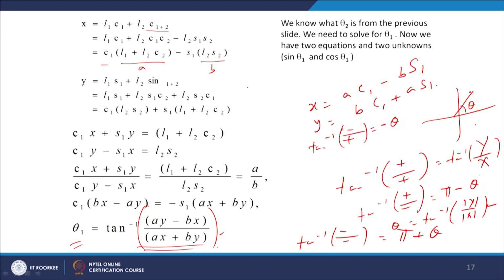So, we observe that for reaching a particular position, the theta 1 we can find like this after finding the theta 2 values. Theta 2 is having 2 different values. So, we can see that when theta 2 is positive, we get this configuration, and when theta 2 is negative, we get the other configuration, because theta 2 is measured from the extension of the first link.